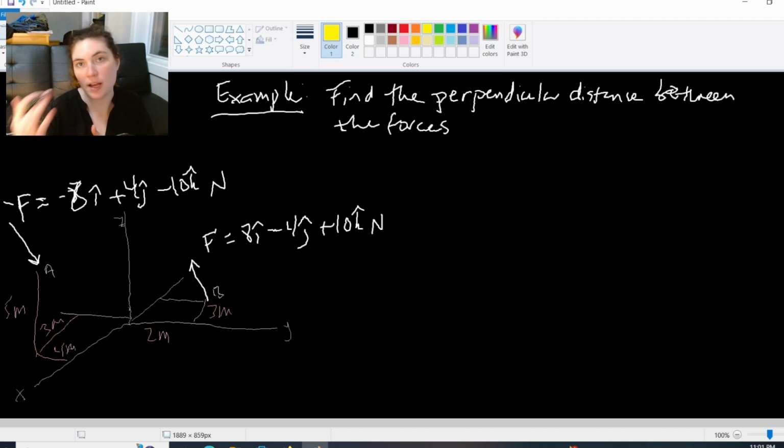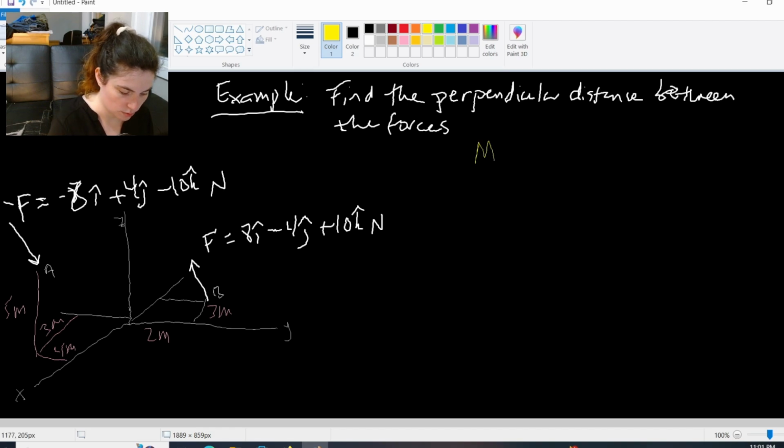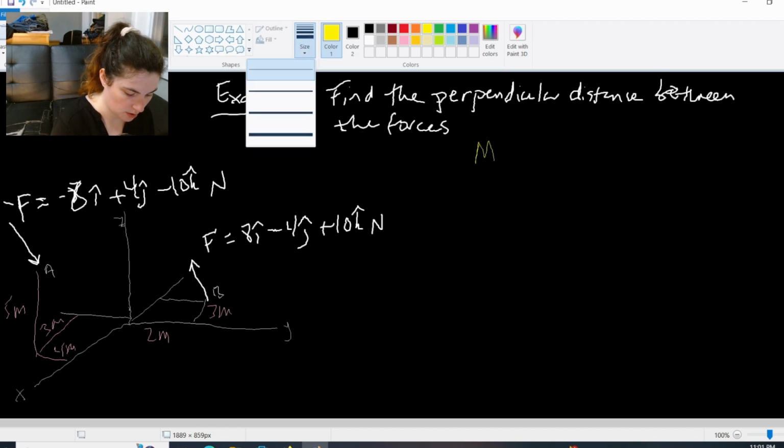So F has a positive 8 I hat, while negative F has the negative 8 I hat, right? So what we want to do is find the distance between these forces, and how we're going to do that is by taking a moment and then backtracking that moment using F times D. So we're going to take a vector form of the moment, make that a little bigger.